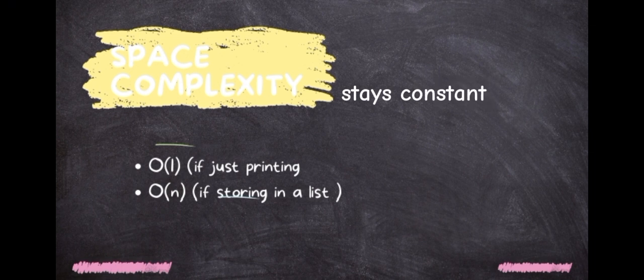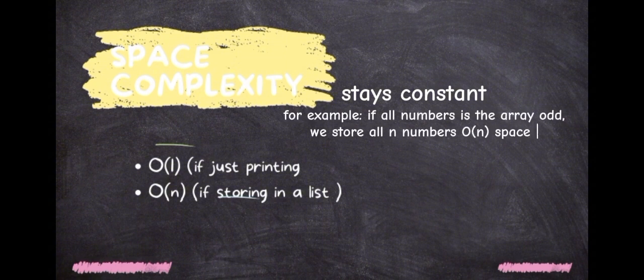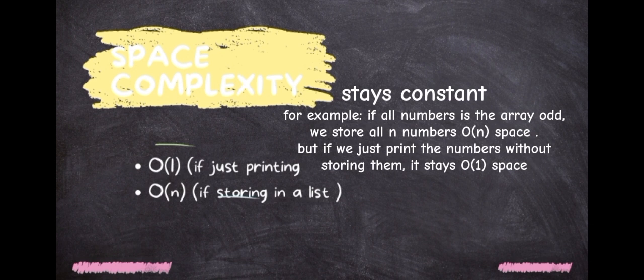If we store the odd numbers in a new list, we might use up to n memory in the worst case, making it O(n) space complexity. For example, if all numbers in the array are odd, we store all n numbers, so O(n) space. But if we just print the numbers without storing them, it stays O(1) space.